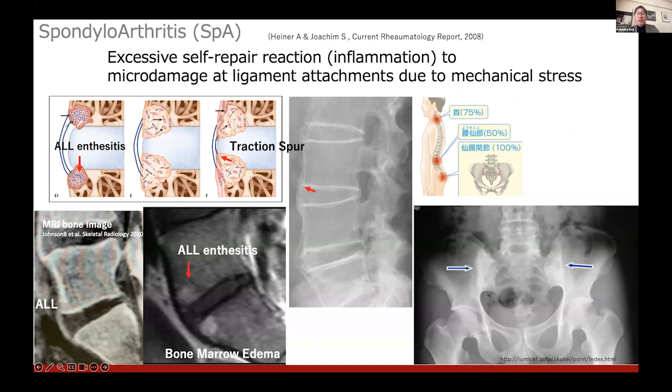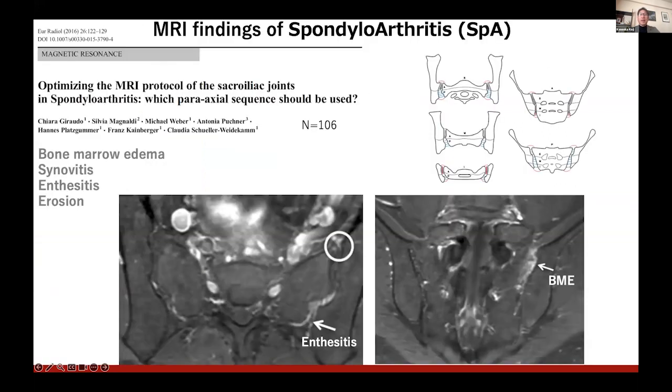As shown here, traction forces are applied to the anterior longitudinal ligament attachments of the vertebral body, resulting in intramedullary edema and eventually bone formation leading to osteophyte formation and eventual fusion, giving rise to the famous bamboo spine image. SIJ is reported to be almost 100% affected in spondyloarthritis.